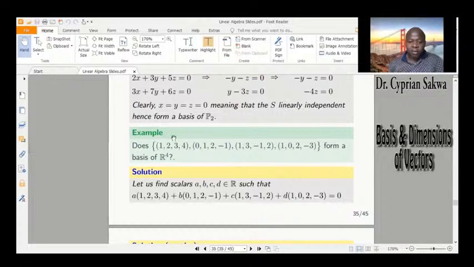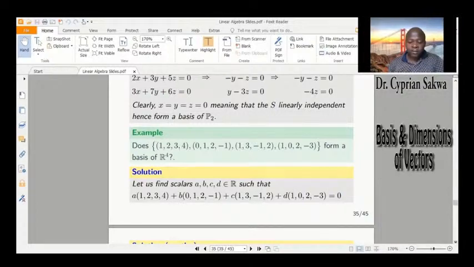And we need to find out whether they are linearly independent. And so just the same way, we try and do it. I did mine here. I wanted to find scalars A, B, C, D such that A times the first one plus B times the second one plus C times the third one plus D times the fourth one becomes 0.